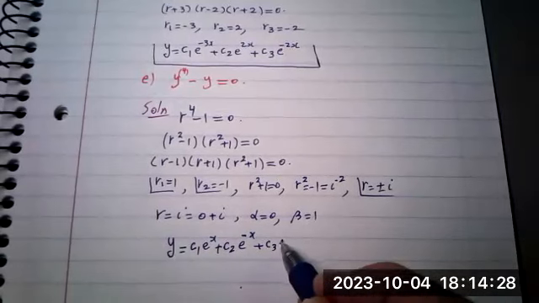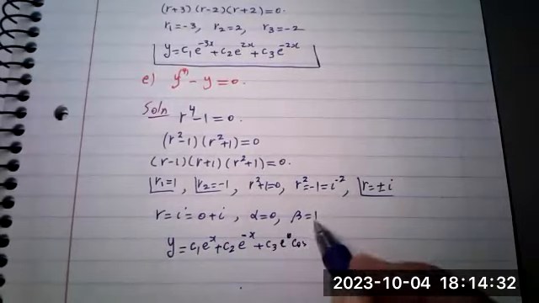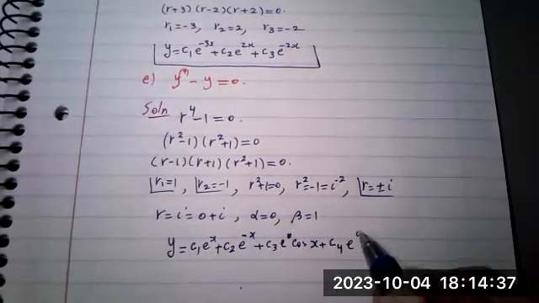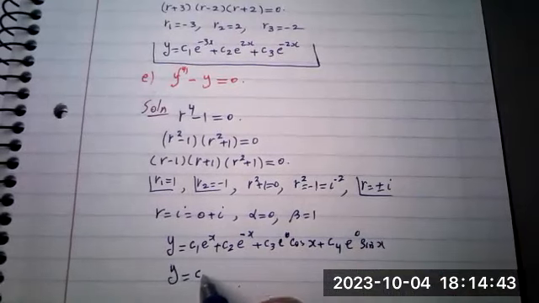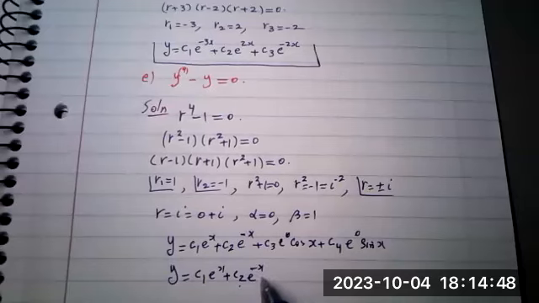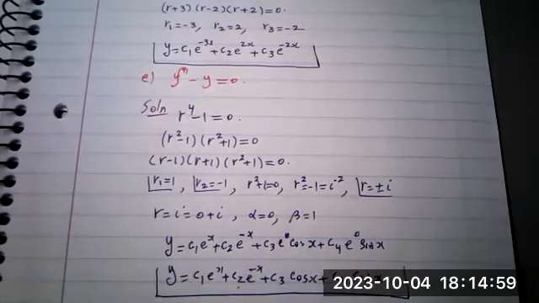It's going to be e to the 0 cosine x, since beta is 1, plus c4 e to the 0 sine x. But e to the 0 is 1. So we rewrite it: c1 e to the x, c2 e to the negative x, c3 cosine x, and c4 sine x. So this is going to be the final answer.